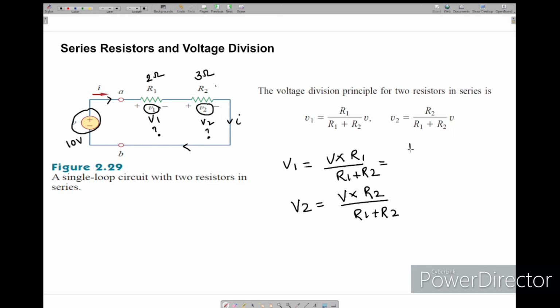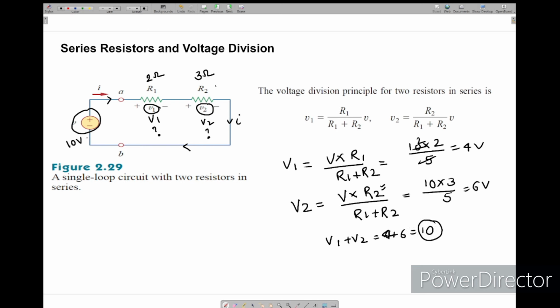So if you see, 10 volts times R1, which is 2 ohms, divided by the sum of 2 plus 3, which is 5. So this is 4 volts. And again 10 times R2, which is 3 ohms, divided by 5. Here I have 6 volts. If you see V1 plus V2, we got 4 plus 6 equal to 10 volts.